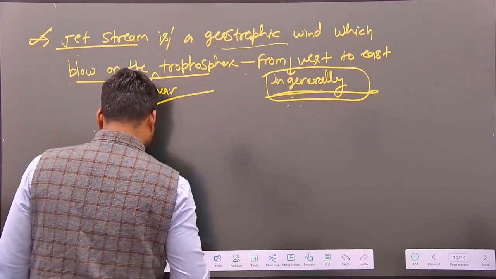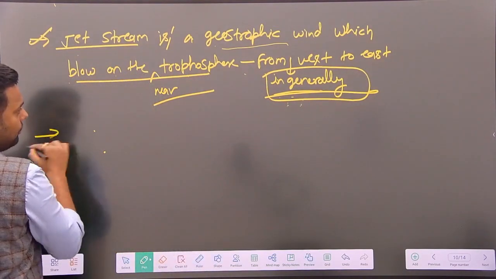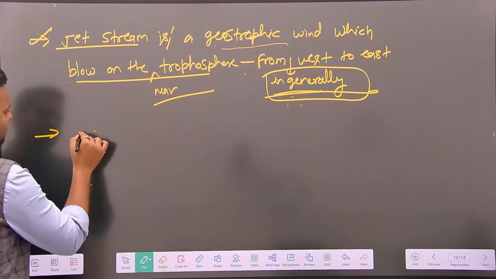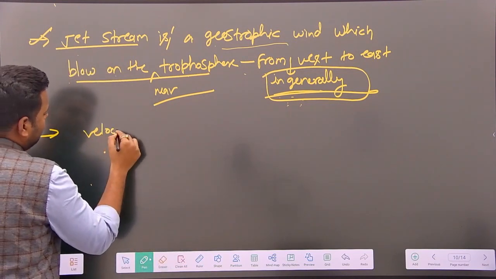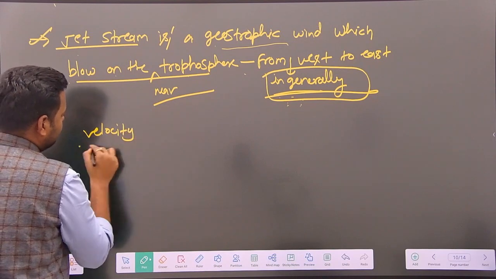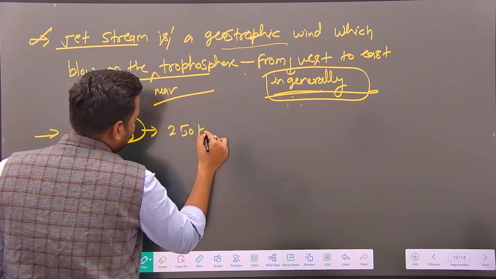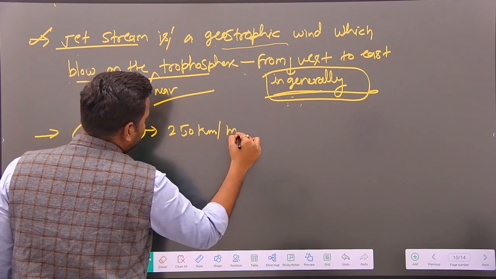Let's talk more about the jet stream. The velocity of the jet stream is around 250 kilometers per hour.